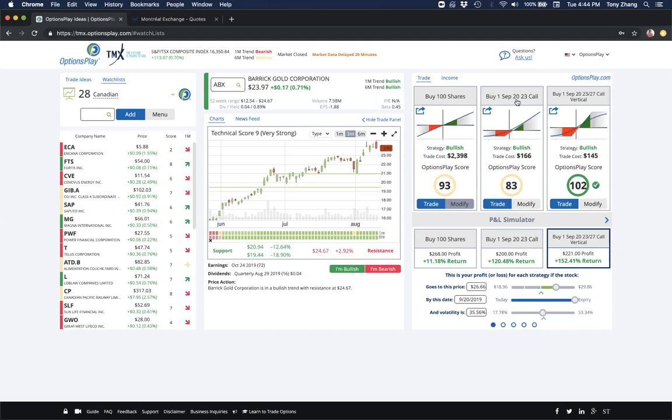So what we do is we automatically show you all 3 strategies. We've picked the expiration date already based on the best practices we just showed you here before. And we've picked the strike prices also based on the best practices we just showed you here before. And what this allows you to do is very quickly have a starting point for three different ways to take advantage of a bullish view on this underlying stock that really progresses you as a trader.